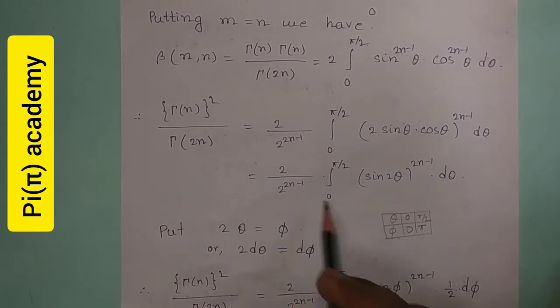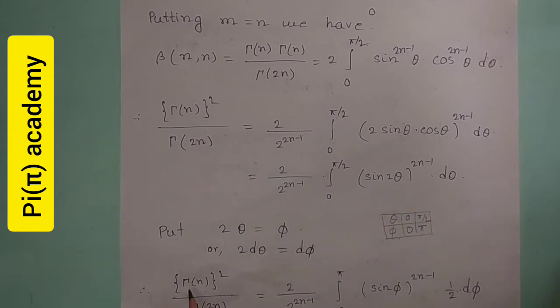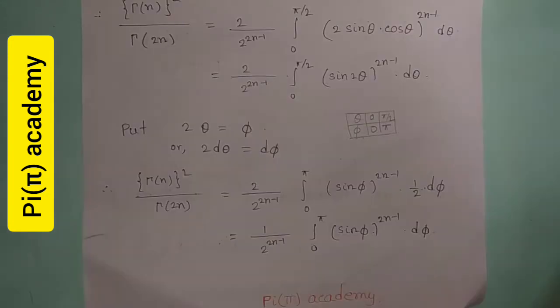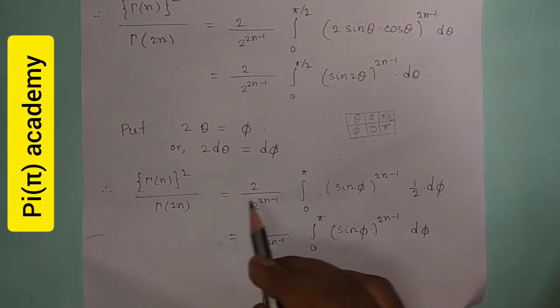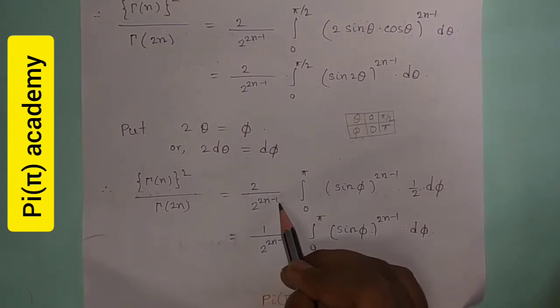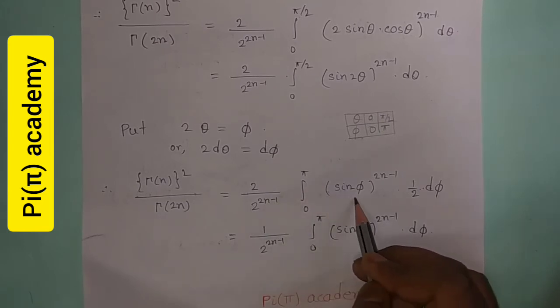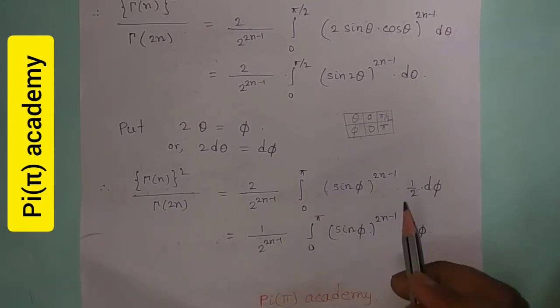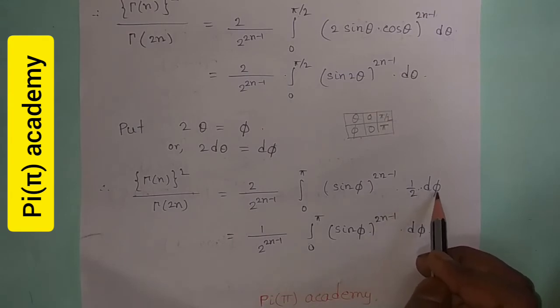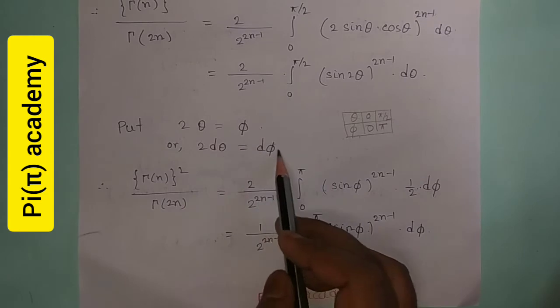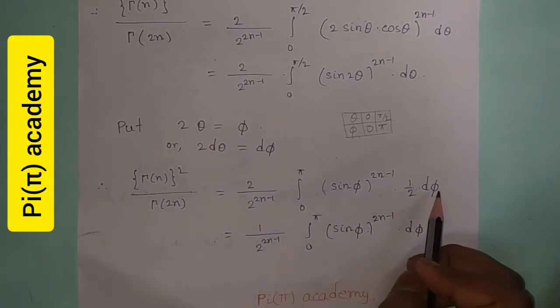Therefore from this we get gamma n whole square divided by gamma 2n equal to 2 divided by 2 to the power 2n minus 1 into integral 0 to pi sine phi whole to the power 2n minus 1 into half into d phi, because the value of d theta is d phi divided by 2, that is half into d phi.